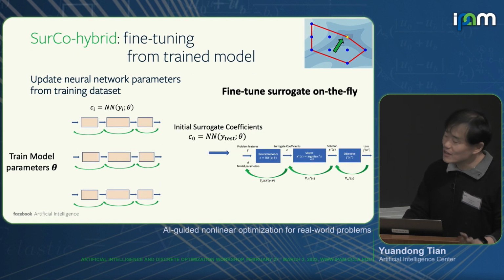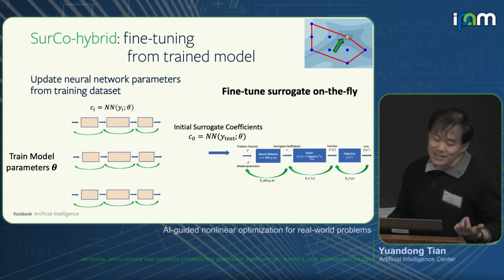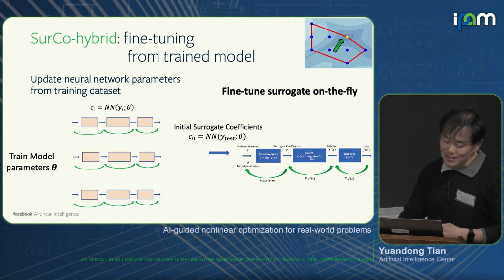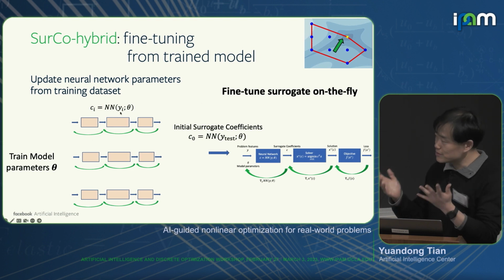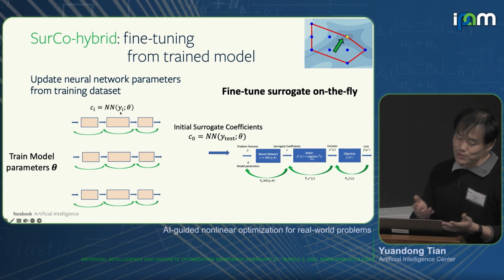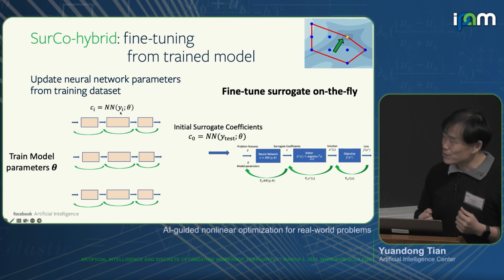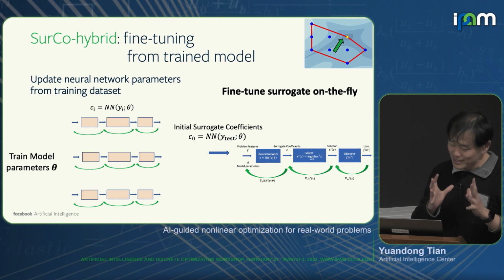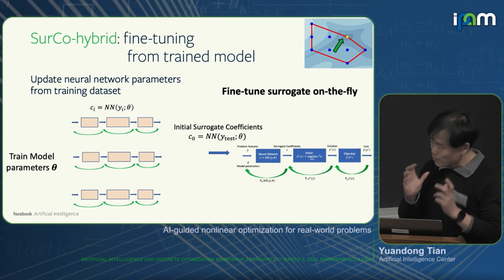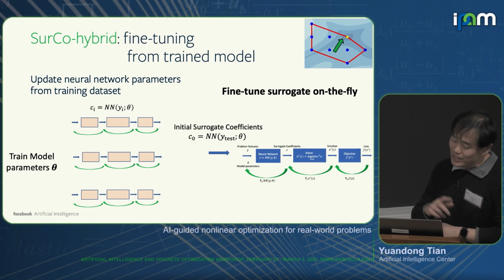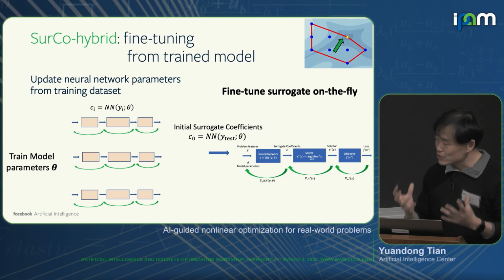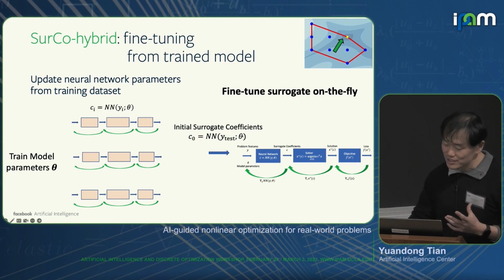Of course, we can combine the two together. We can first learn the neural network mapping from problem description Y to C, which is the main content of CLOVER-prior in the previous slide. We can then use that C as the initial surrogate coefficient C0.